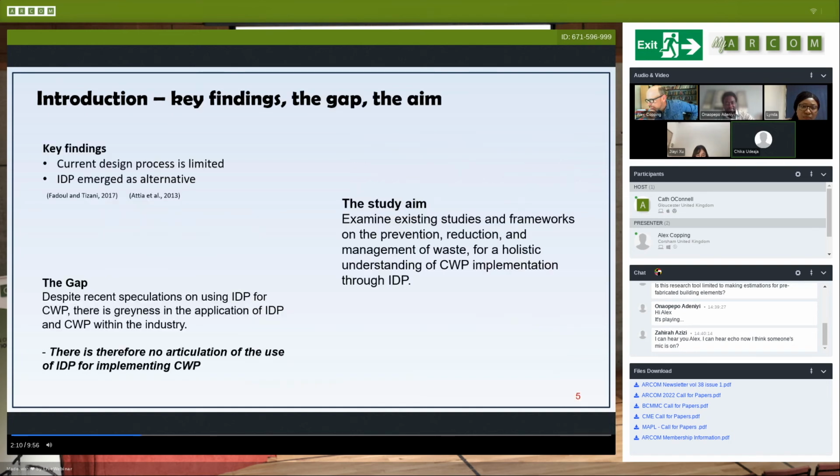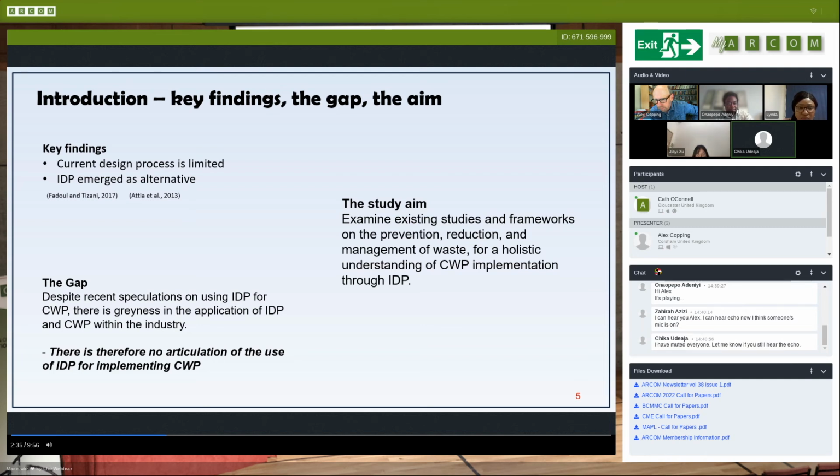Studies have noted that the current design process is limited in meeting the requirements for efficient implementation of CWP due to its fragmented and sequential nature. Thus, IDP emerged as an alternative process and relies on integration without compromising flexibility in the design process.